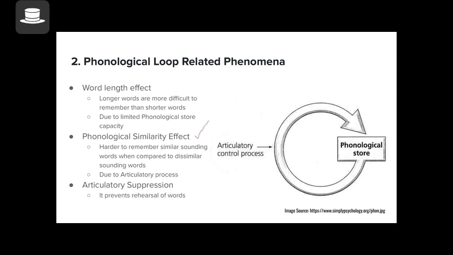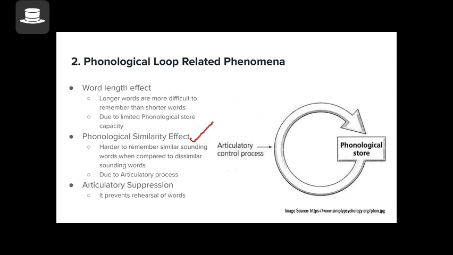So, if participants are given a list of similar sounding words like pen, hen, ten, ben, versus a dissimilar list of words like paper, table, book, researchers found that it's easier to remember dissimilar sounding words than similar sounding words, and this phenomenon is called the phonological similarity effect.